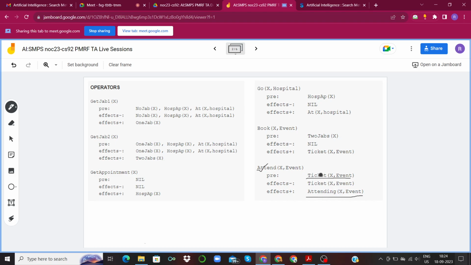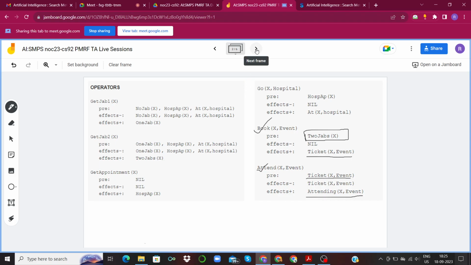And how can we achieve that? In order to achieve that, we have to apply this operator, right? Because the positive effect of this book x, event is ticket x, event, and the preconditions for this book x, event is that x must have 2 jabs or Amol must have 2 jabs.